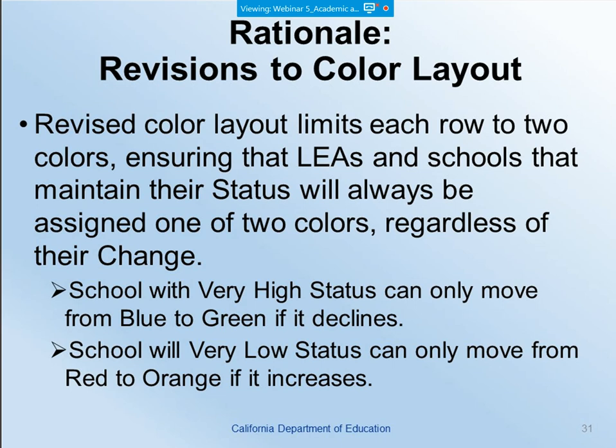Remember, if you have a huge change and you change status levels, going from high to very high or very high to high, there's a chance that the colors will be different. Large changes could take schools from a green to a yellow, but they have to change status at the high levels. Schools with a very high status can only move from blue to green if they decline, and schools with a very low status can only move from red to orange if they increase.